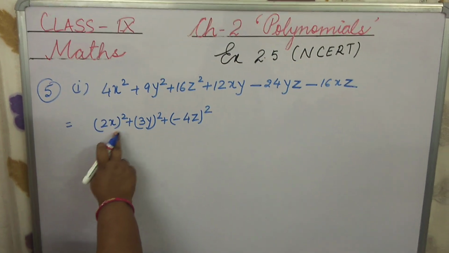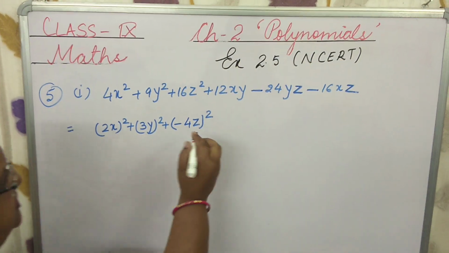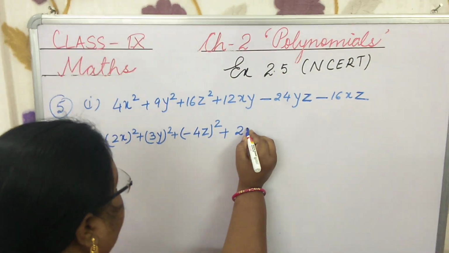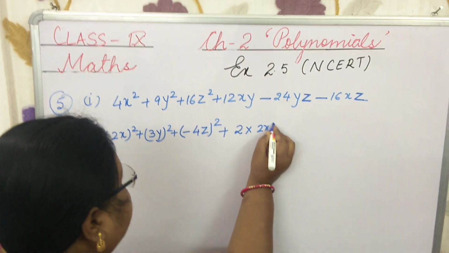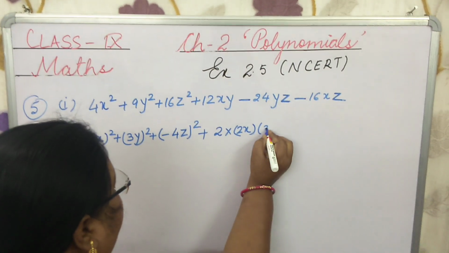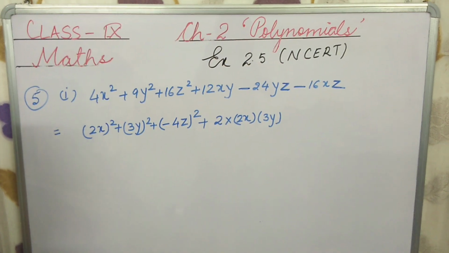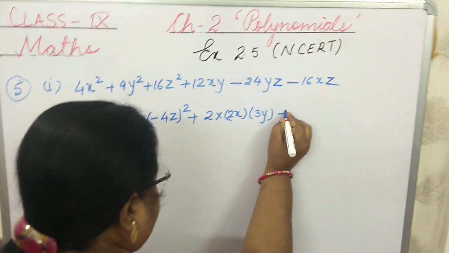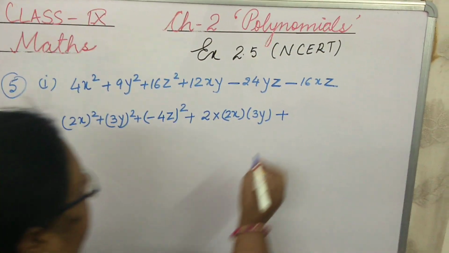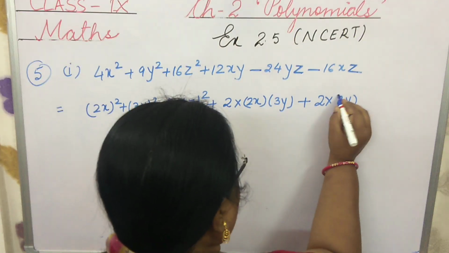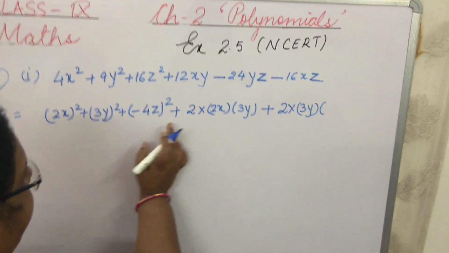So it is a square plus b square plus c square plus 2ab, 2 into 2x into 3y, so we are getting this as 12xy, plus 2 into 3y into, what is z here?